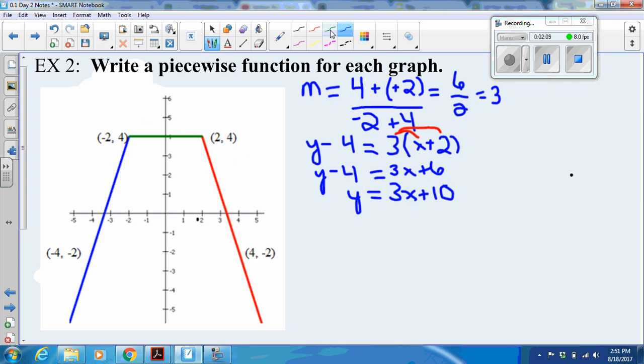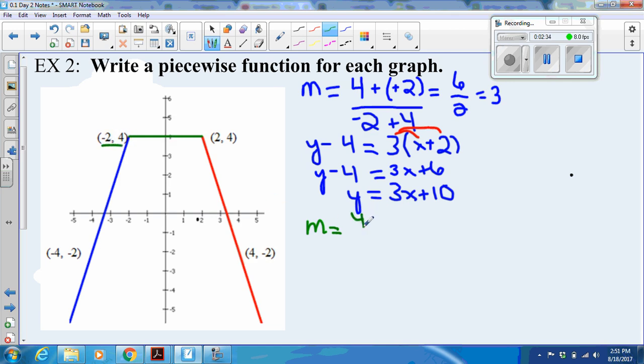Now let's try to get the green one. If you look here, the green one is horizontal. Let's figure out the slope. Negative 2, 4 and 2, 4, those are 2 points. Remember, it does not matter which y point you use first. So let's just use the 4 on the left-hand side first.